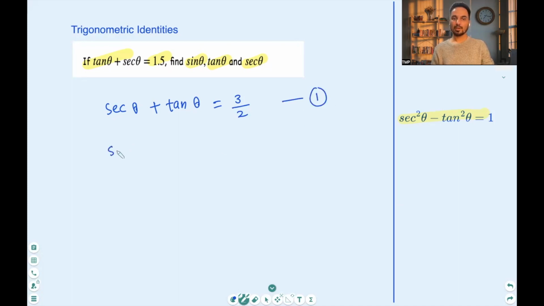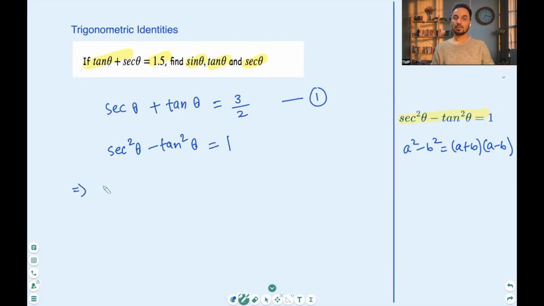And using the identity sec square theta minus tan square theta equals 1, which is in the form of a square minus b square, and we know that a square minus b square is a plus b times a minus b.